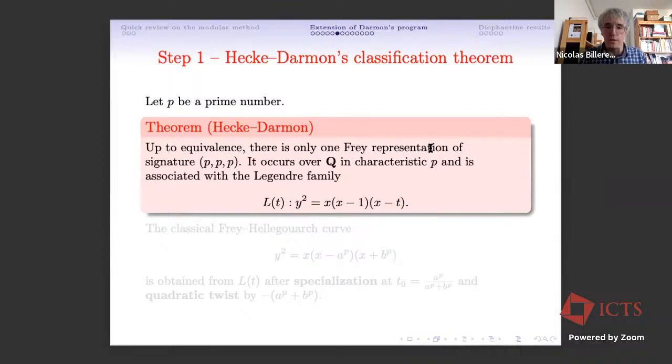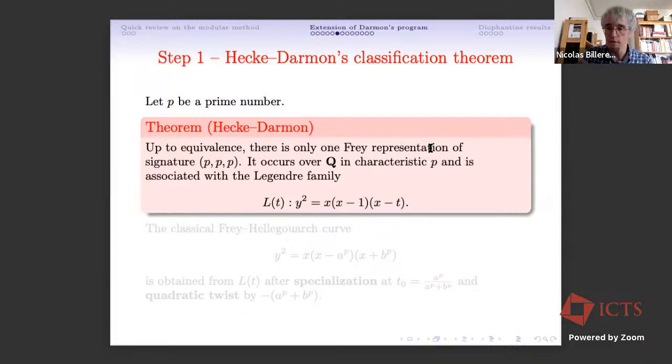So let me say it's a theorem of Hecke and Darmon that says the following. If you pick a prime p, then up to equivalence, there's only one Frey representation of signature (p, p, p), and that representation occurs over Q and in characteristic p. And it turns out that it is associated with the Legendre family, L(t).